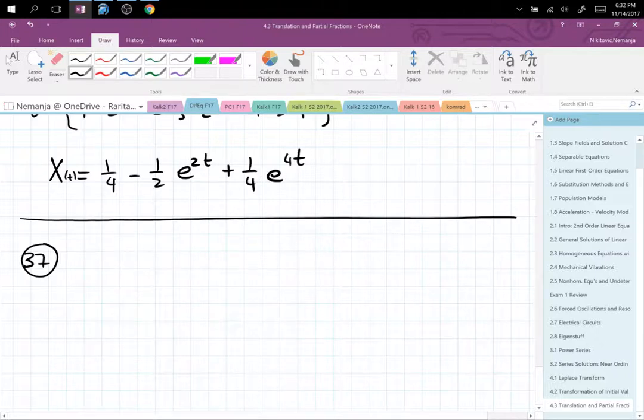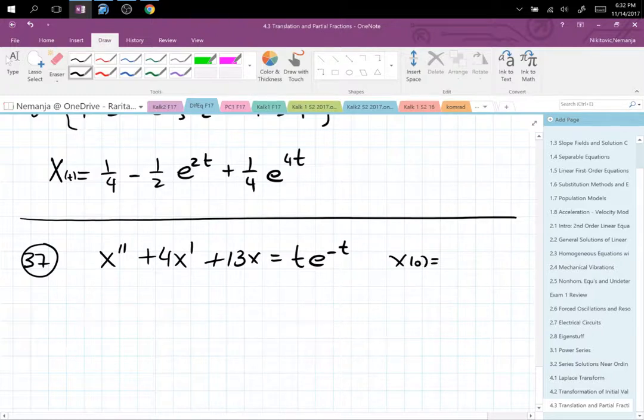Problem 37. X double prime plus 4x prime plus 13x equals t e to the negative t, x of 0 equals x prime of 0 equals 0. No, I lied, 2. There you go.